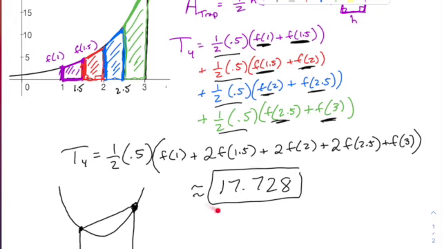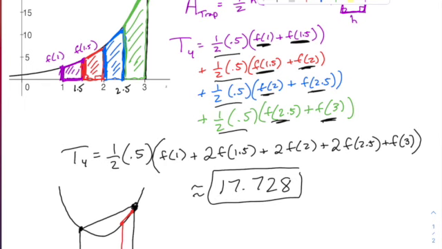So this I know is slightly more than the actual area. And it's just easier to see the way I drew it. If you take a region like that and do that, you are slightly over the curve.